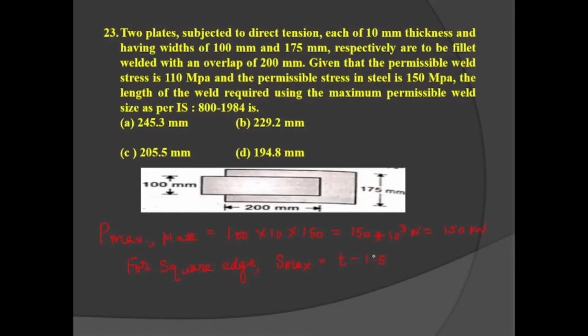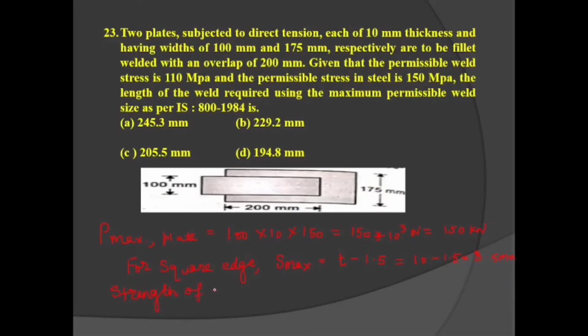However, for a rounded edge it was 3 by 4 times T minimum. Now this is equal to 10 minus 1.5, that is 8.5 mm. Now we can calculate the strength of the weld. Strength of weld is equal to the strength of the plate.